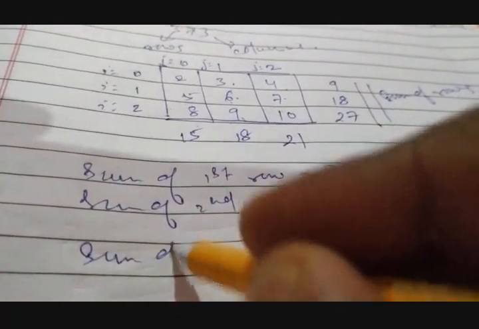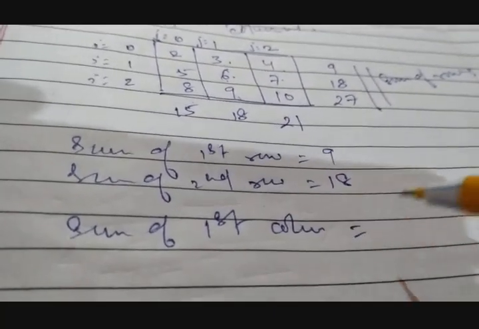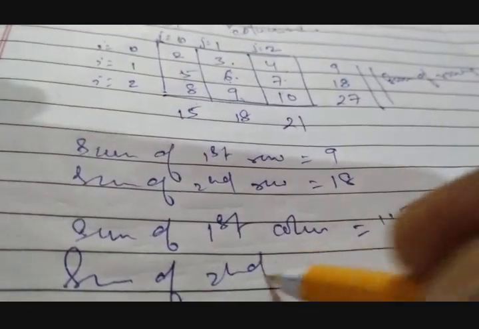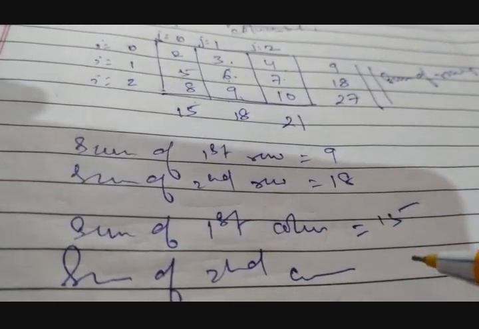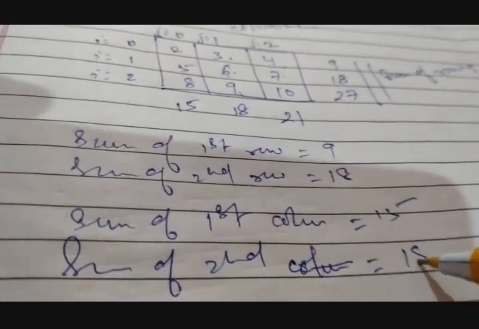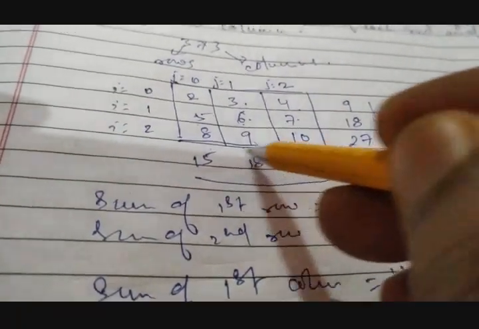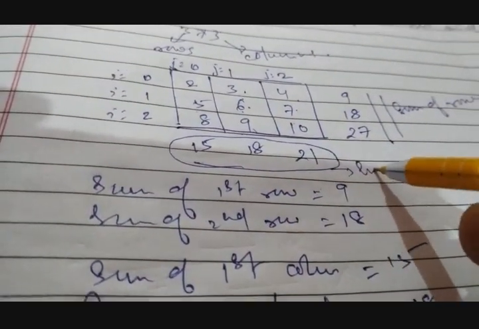Sum of first column equals 15. Sum of second column equals 18. Likewise you have to print it out. So this is what a sum of columns is.